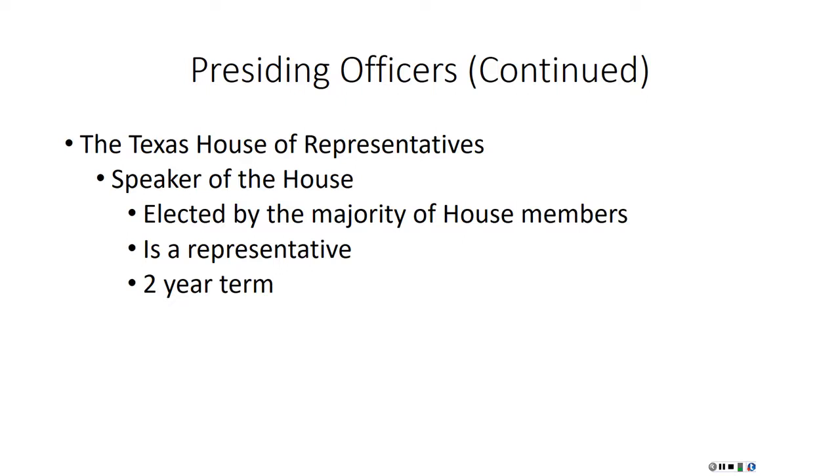in the Senate or in the House, the presiding officer gets to assign it to a committee. Why would that be power? Well, let me ask you this. You write a bill dealing with transportation. You file this bill. It comes to me. I am the Speaker of the House.